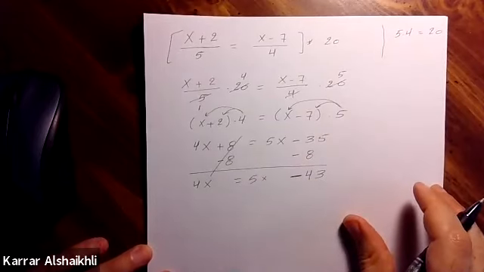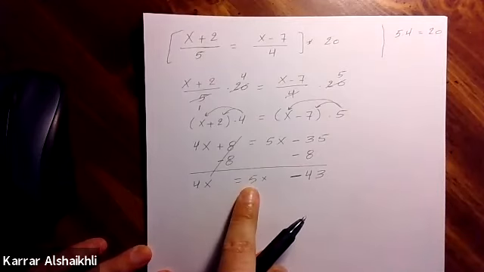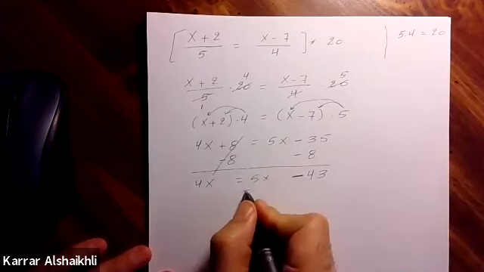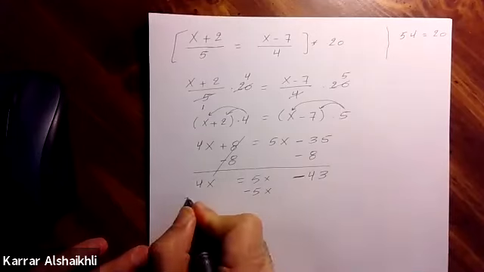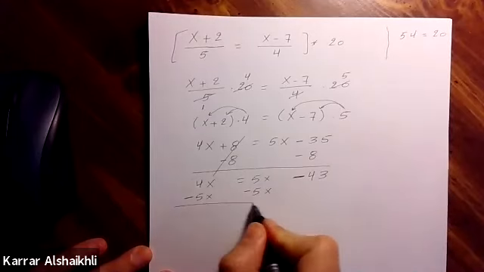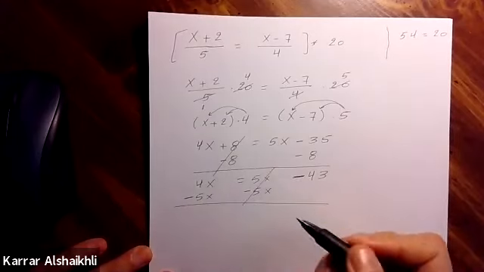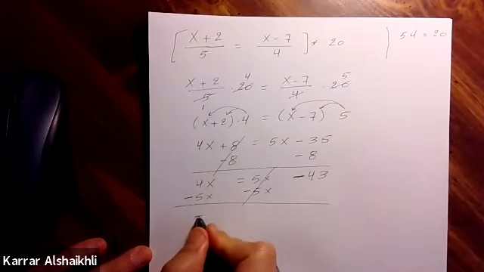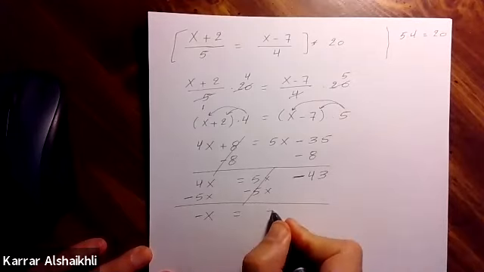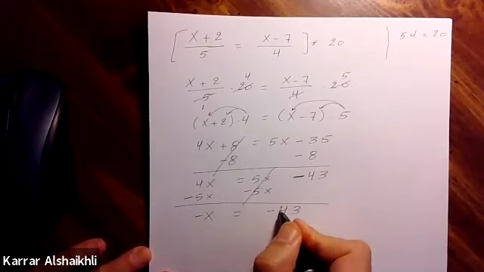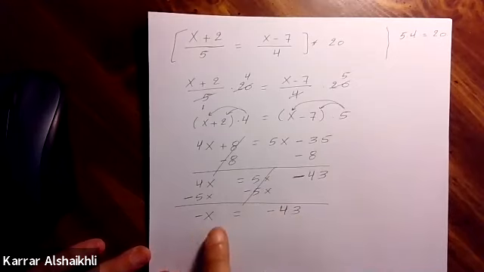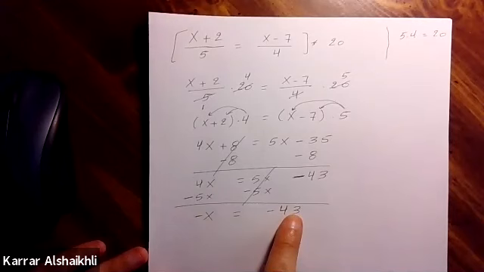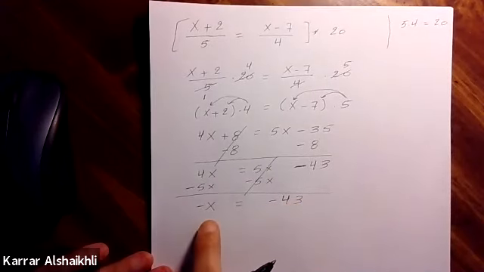Now, next step is going to move the 5x to this side. So you're going to say minus 5x, minus 5x. Cancel these. So it's going to be negative x equals negative 43. I need to find the value of x, not negative x. So I'm going to divide both sides by which number?